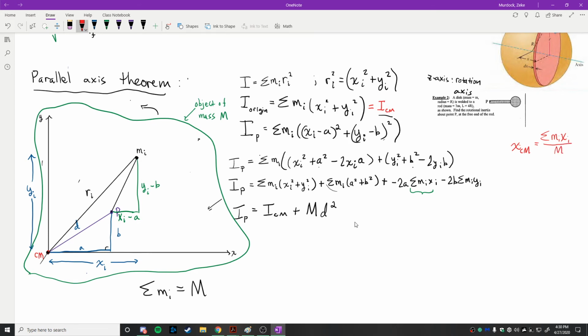So this term is basically m times xcm, right? So what we have left here is negative 2 times a, and that expression is equal to the mass of the object times the x-coordinate of the center of mass. And then the second one is going to be related to the y-coordinate of the center of mass.